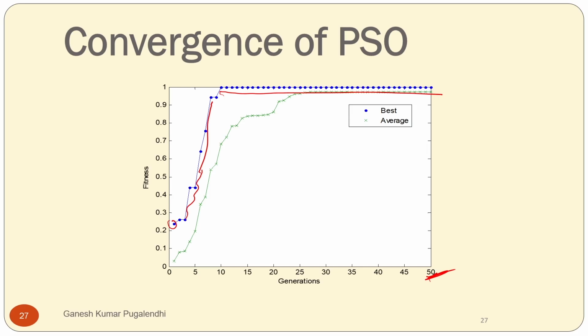That means even after that, if you update the position and velocity, no better food position can be found, and this is the signal where you can stop the PSO algorithm and report the best fitness value as well as the G best value.